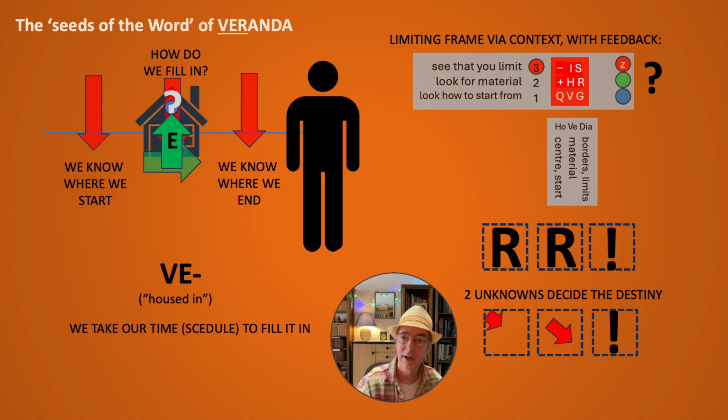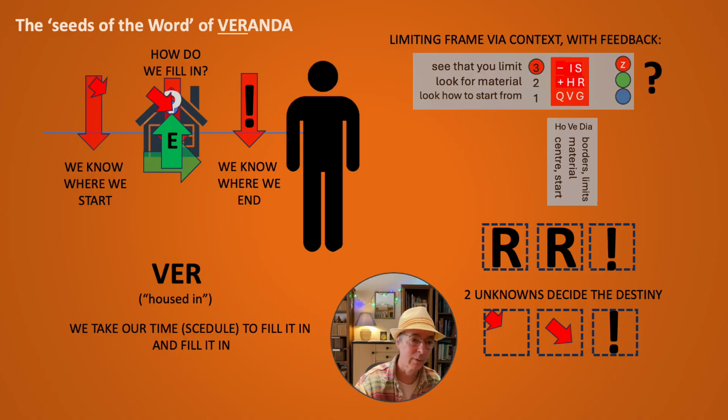Next letter will be the R. So where is the R? Also, it's another unknown. It's on the second category. So there will be two parts that need to be filled in, and the third one will decide. So this R with two unknowns, which will decide the destiny. The unknown of where we have to start, and the unknown where we have to fill in the material, and it will be known where we will land in the end.